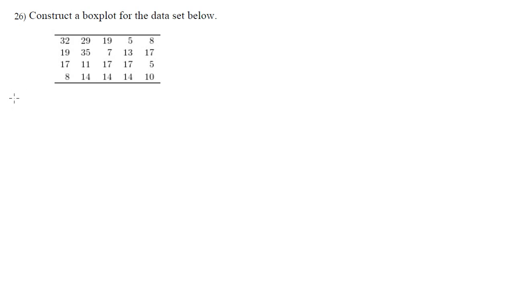So let's do that. 2 5s, 1 7, 2 8s. I've got a 10. I've got 11. Do I have any 12s? No, I don't. Okay, 13 I have. I have a bunch of 14s, 3 of them to be exact.